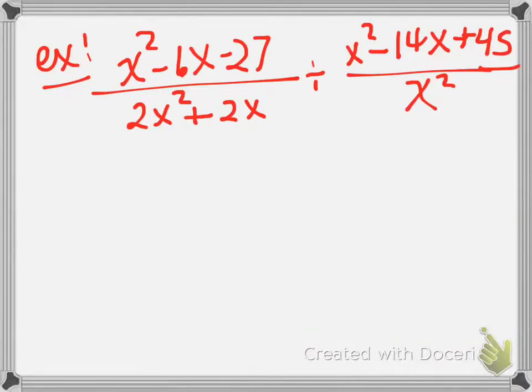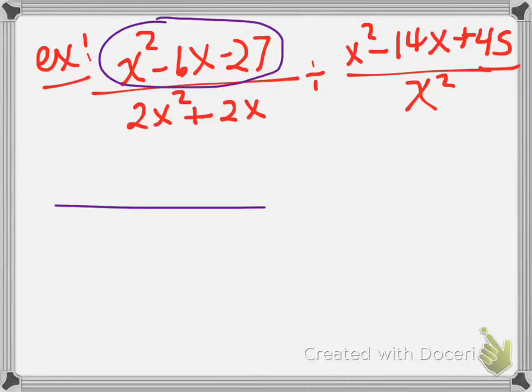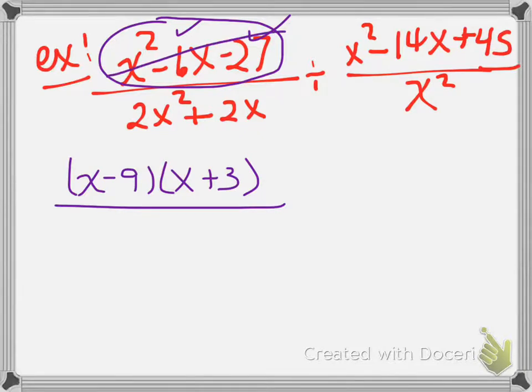Okay, now this one's got a lot going on. We have a trinomial here, so I'm going to say what multiplies to give me -27 that could add to give me -6. And I think I'm going to go with -9 and +3. -9 times 3 is -27, and that adds up to -6. So that one's done. 2x squared plus 2x has common factors.